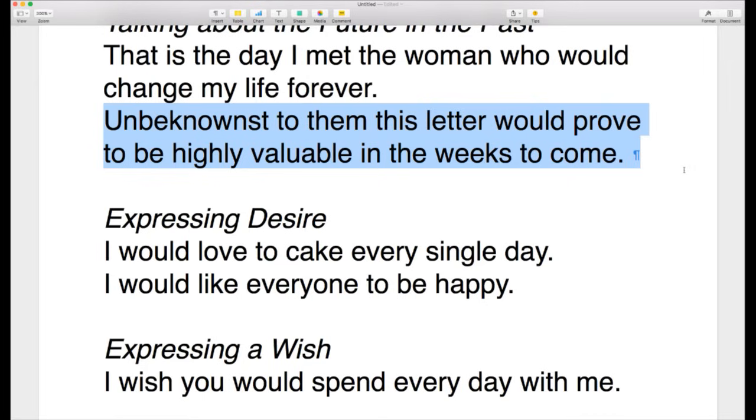Say I just find an old dusty letter and I'm like, what's this letter? I don't know right now. Unbeknownst to them means you don't yet know, you don't realize. So unbeknownst to Anna, this letter would actually turn out to be incredibly valuable in the weeks to come. It would prove to be highly valuable in the weeks to come.